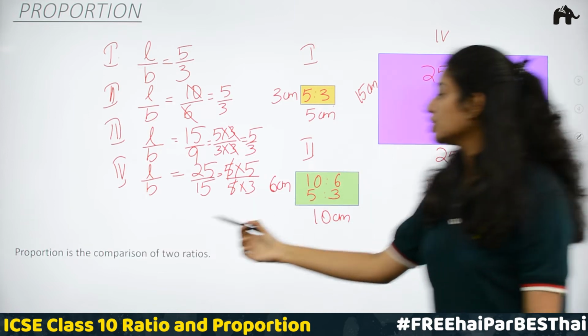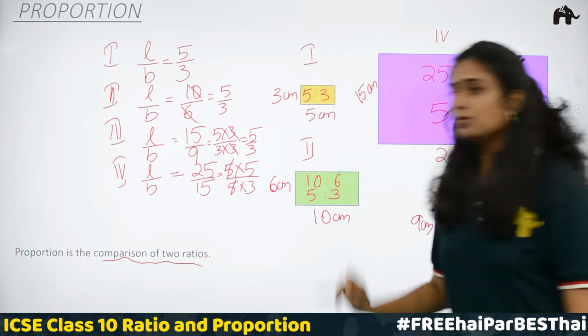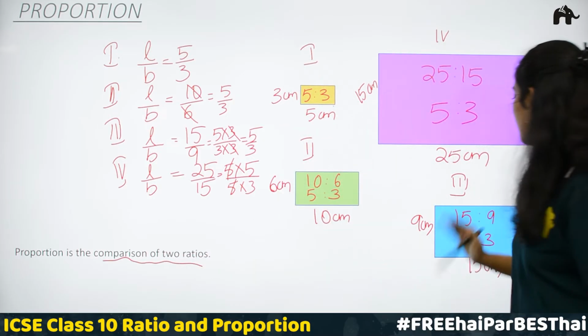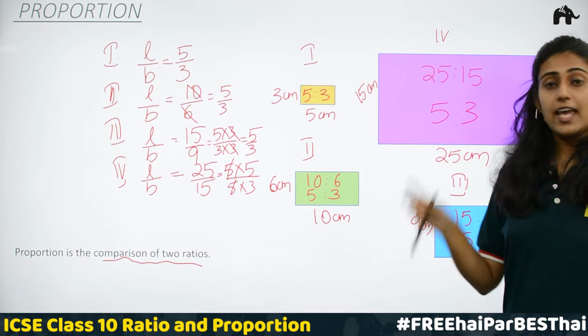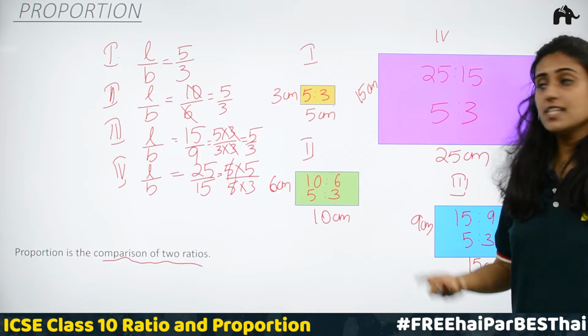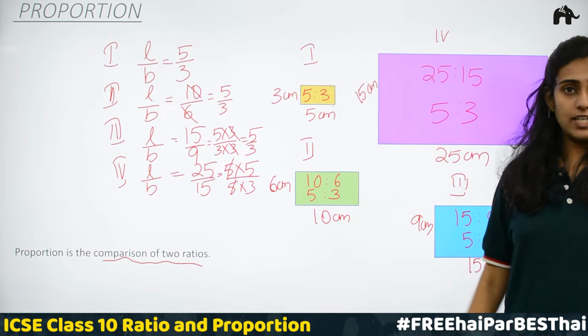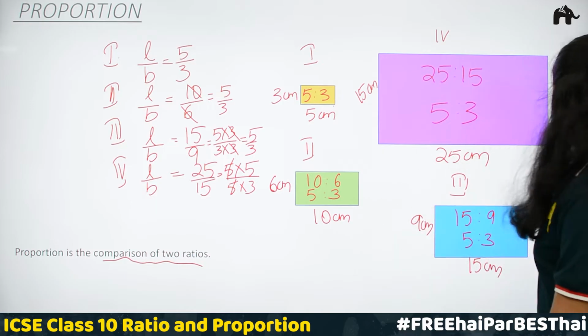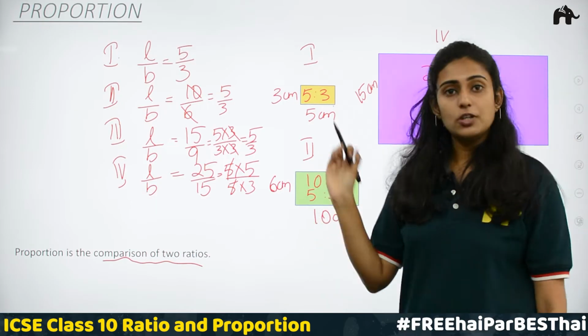Proportion is the comparison of 2 ratios. In every case we compare the length and breadth, and we got equal ratios.